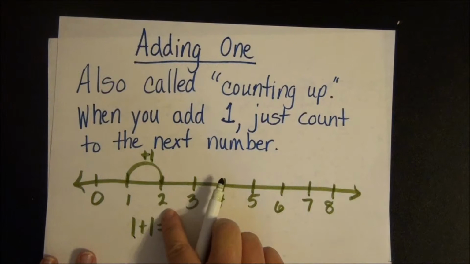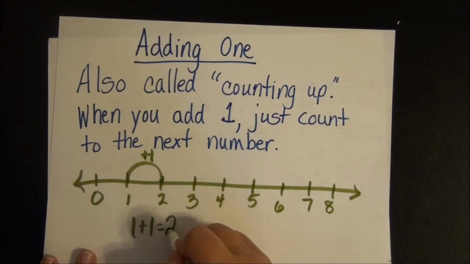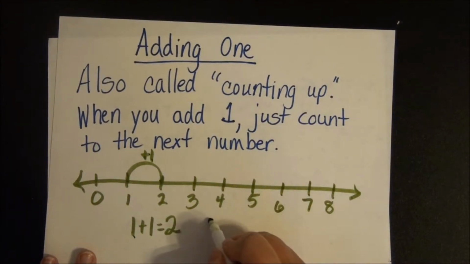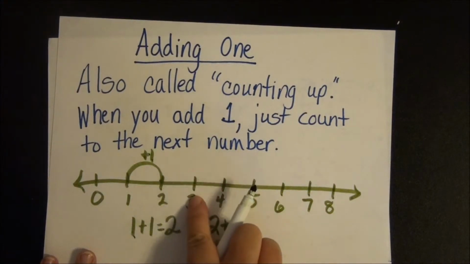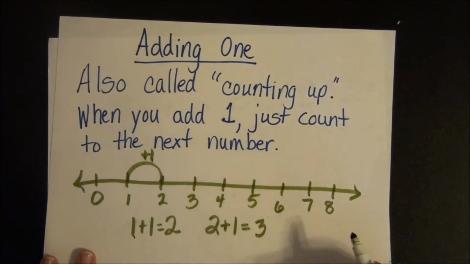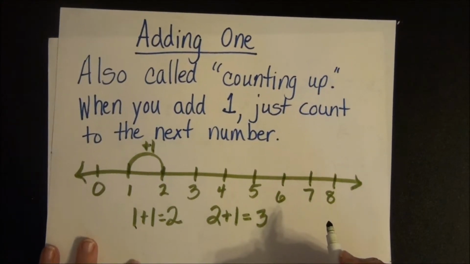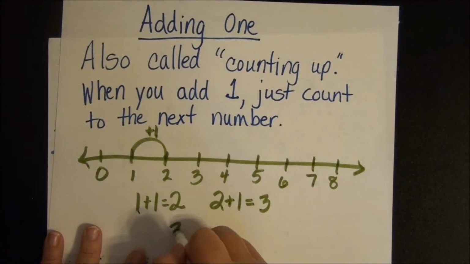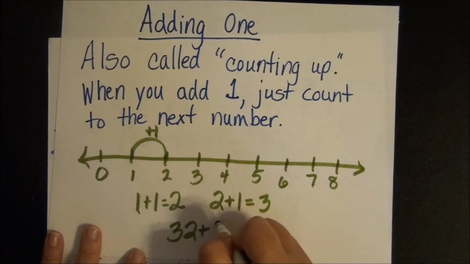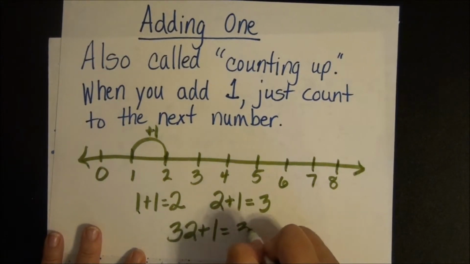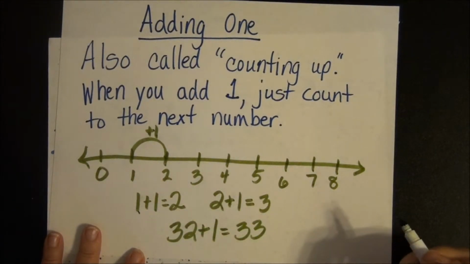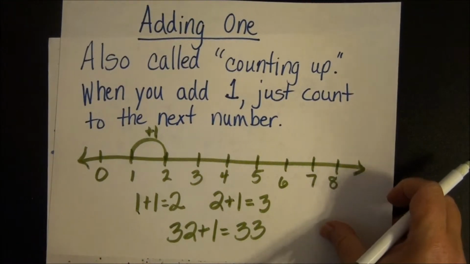So the number after 1 is 2. Same way, 2 plus 1, the number after 2 is 3, and so on. I can use this for harder numbers that won't be on my number line. 32 plus 1, I think to myself, if I was counting 32, the next number is 33. And there's my answer. So that's adding 1.